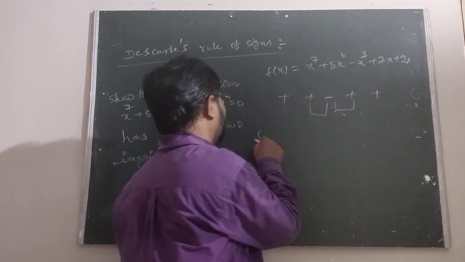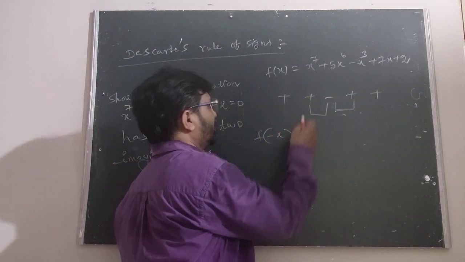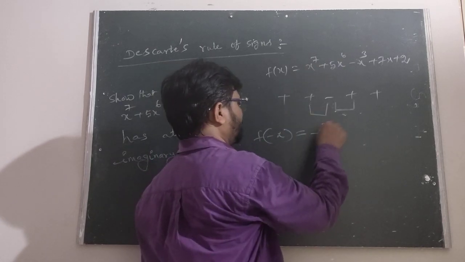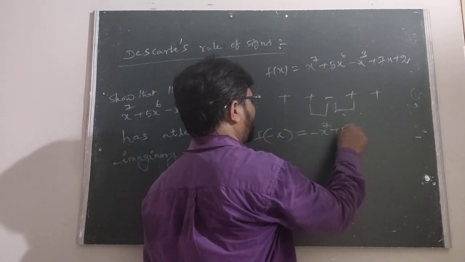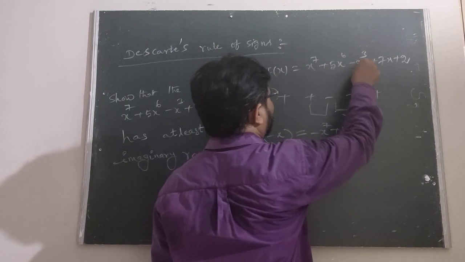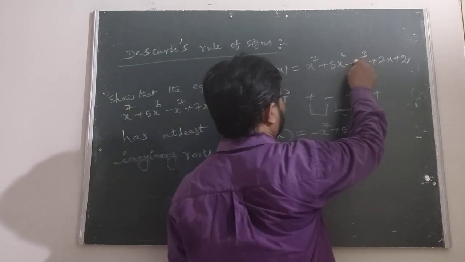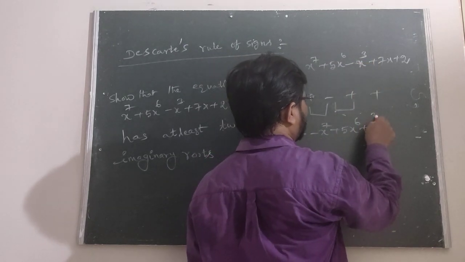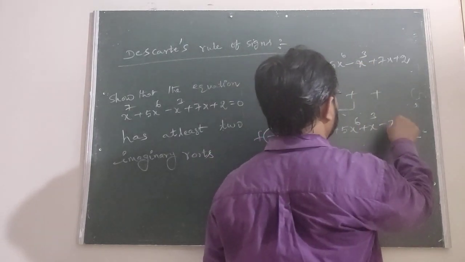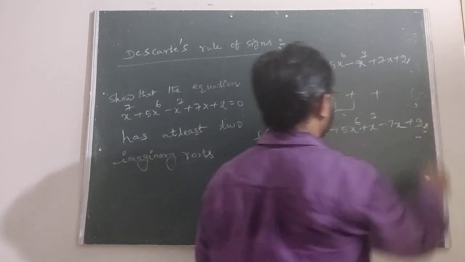Now we observe f of minus x: minus x power 7 plus 5x power 6, then minus x cube, minus of x cube is plus, after that minus of 7x plus 2.